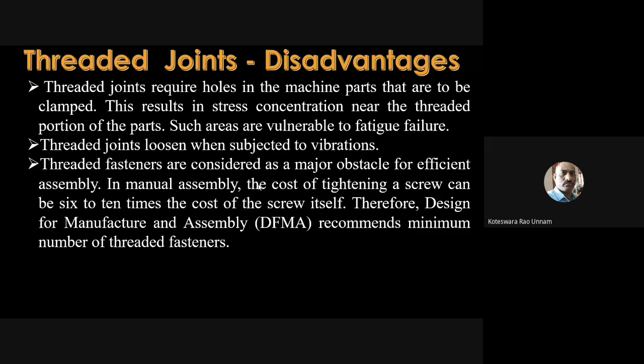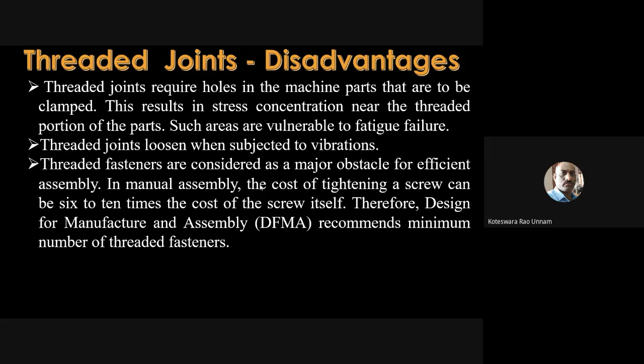In manual assembly, the cost of tightening a screw can be 6 to 10 times the cost of the screw itself. Therefore, design for manufacture and assembly recommends a minimum number of threaded joints. As per DFMA, that is design for manufacture and assembly, you need to consider a minimum number of threaded fasteners in the joint so that it is efficient.